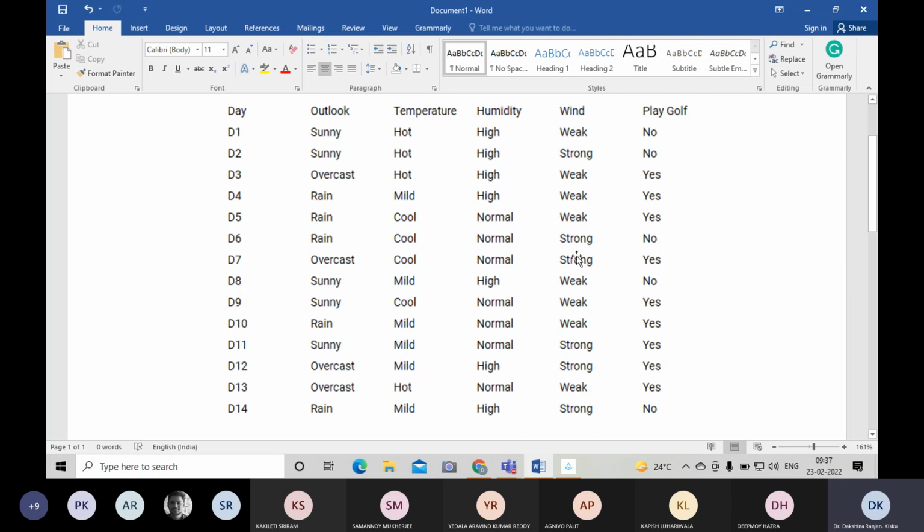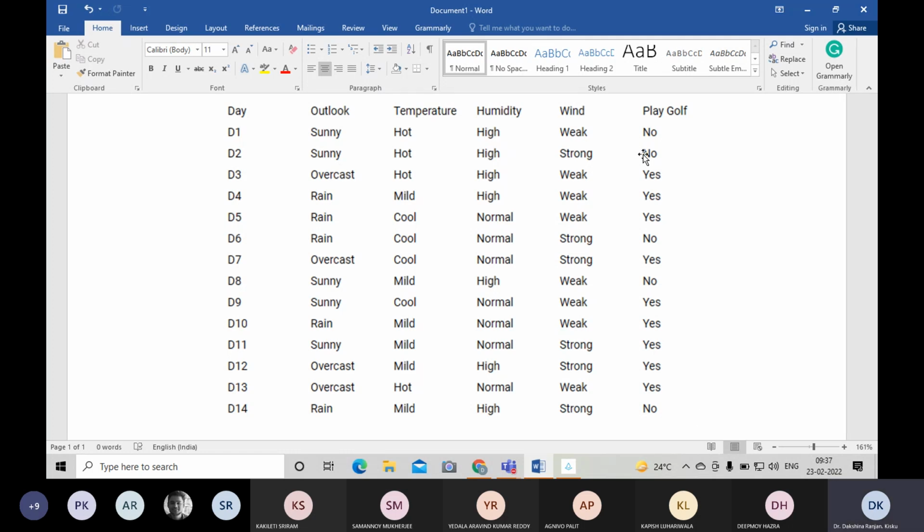That means for both weak and strong we can get the class information as yes and no. In this case we have considered the attribute wind, and we have two values. One is weak, another is strong.